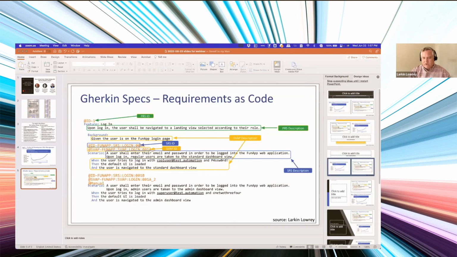How does that help? The Gherkin spec was developed to look and feel very much like a requirements document. It was designed to be natural language, in the conventional format that requirements are usually written in. So the product owner, business analysts, quality engineers, et cetera, can write these Gherkin specs.